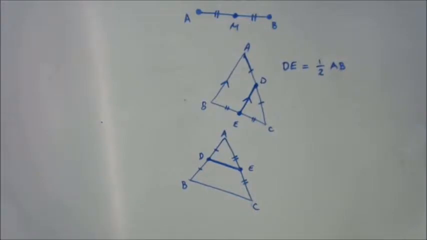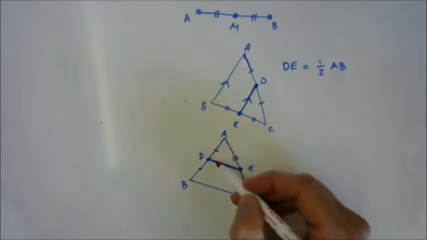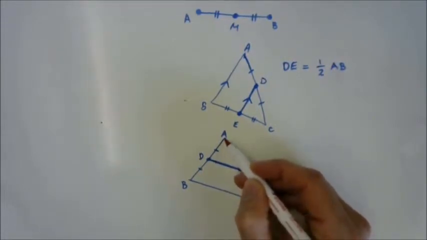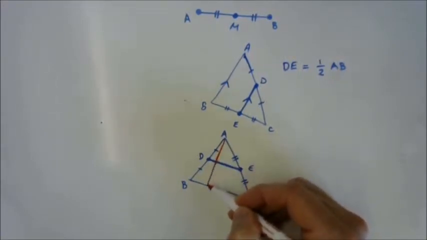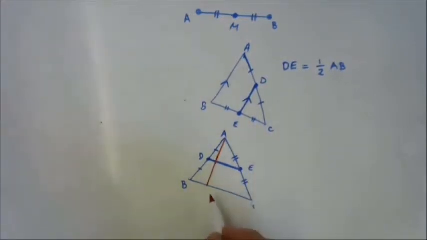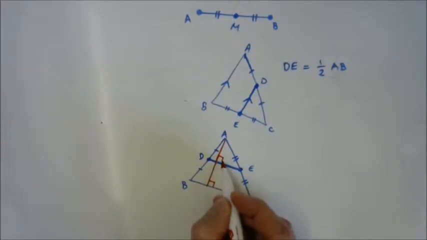Okay? Now, this drawing is going to look a little bit funny to you because we haven't really quite learned this yet. But the height of this triangle, the altitude, is actually the line that goes through and meets the base at a right angle. So I've got a new point here.